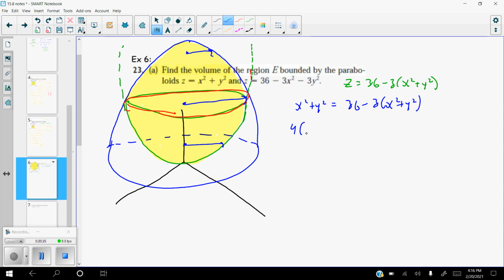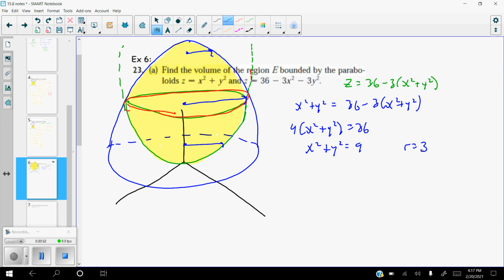So now I get 4 times x squared plus y squared equals 36, or dividing by 4, x squared plus y squared equals 9, which tells me that the maximum radius of that intersection is the circle with a radius of 3. That's pretty important.